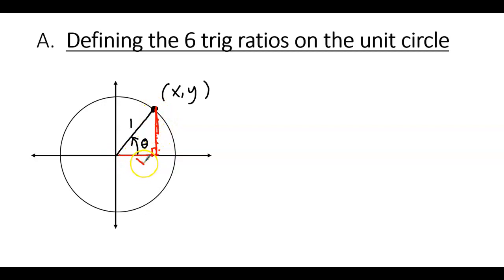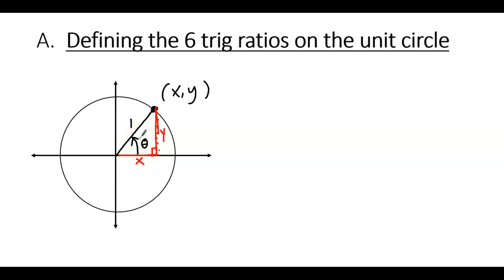So the base of my triangle will be the x value, and the height of my triangle will be how high up the point is, which is y. So the height of my triangle is the y value. Now I'm going to find the trig ratios for this particular angle. We're just going to call it theta here.